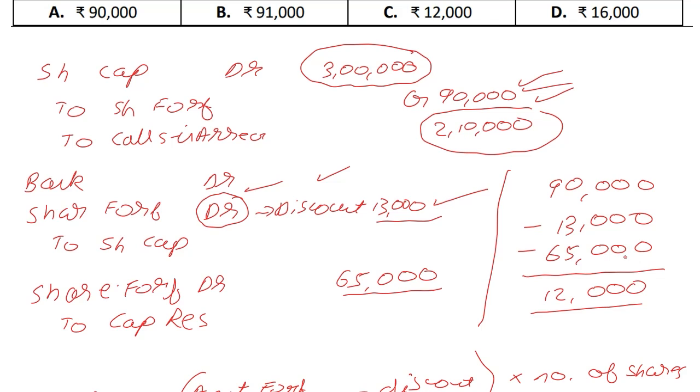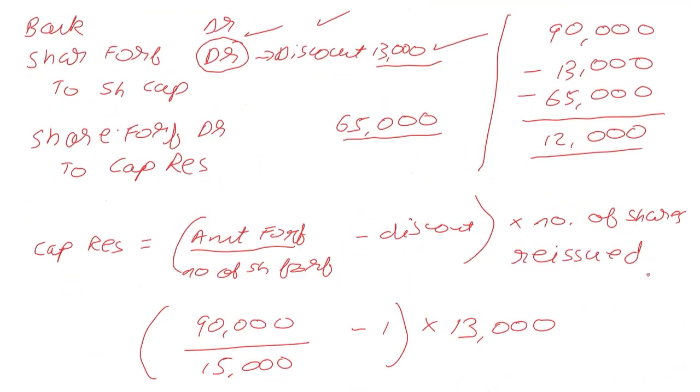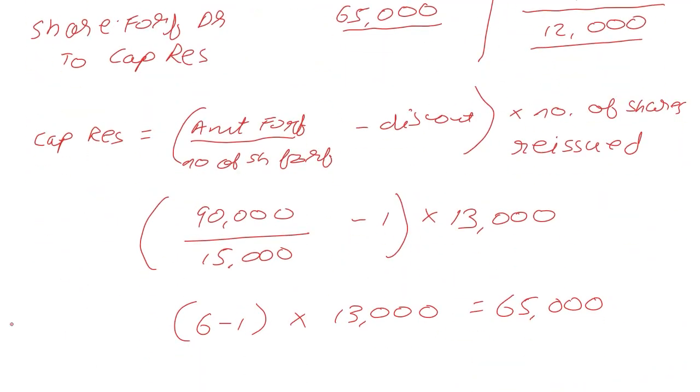All right. Now, do we need to think of all these standard entries? No. In your mind, think of the standard entries, but follow a formula of sorts. Ask yourself, what is going to be the balance of the share forfeiture account?